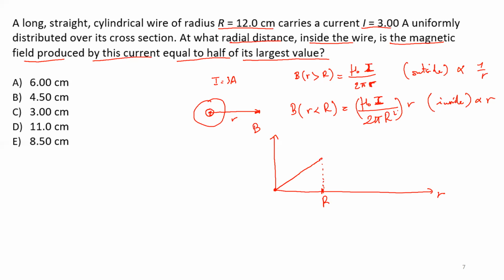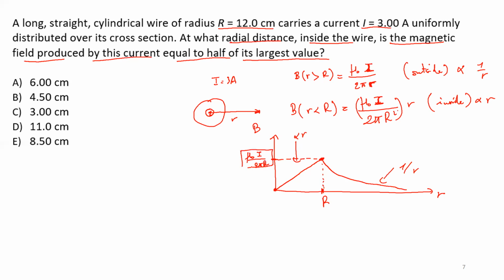Once I reach here, I am now outside, and I will have 1 over R. This behaves as 1 over R, and this behaves proportional to R. And of course, the maximum value, you see it here. The maximum value is just B at the surface of my cylindrical wire, and that's easy. That's just mu naught I divided by 2 pi R. This is the maximum value.